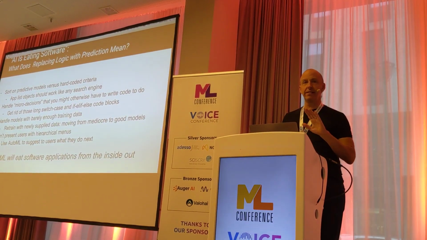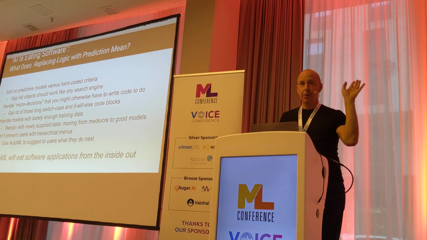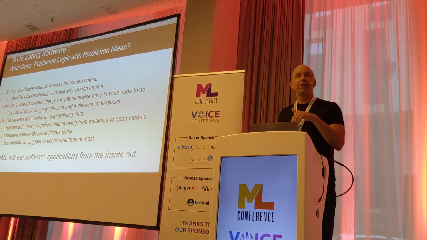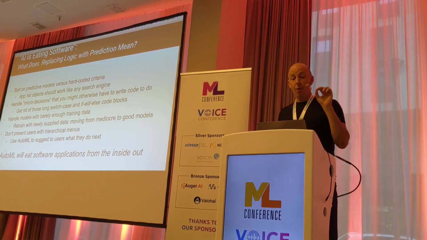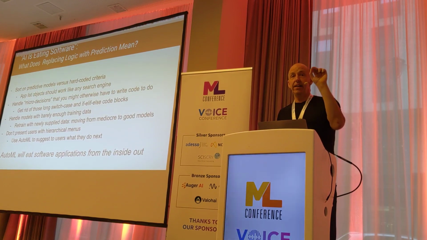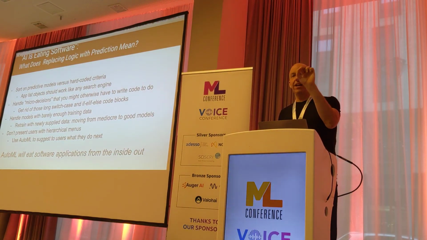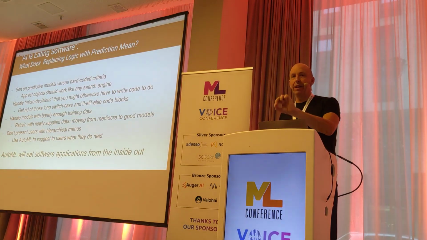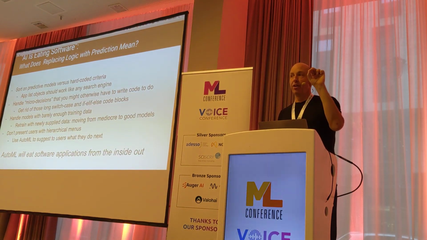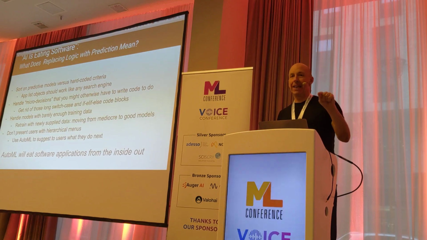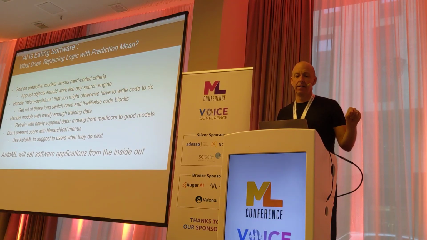So my belief is this is a trend that's way bigger than Augur, way bigger than all the AutoML that's there. What I believe is that you're going to see the results of all of this automated model creation and the ability to embed it in apps. You're going to start seeing apps get replaced from the inside out.